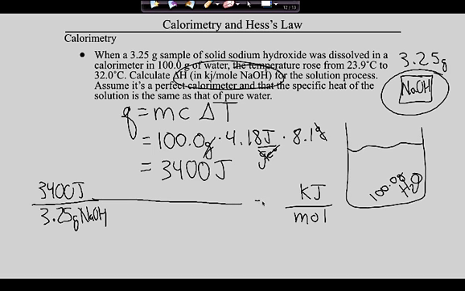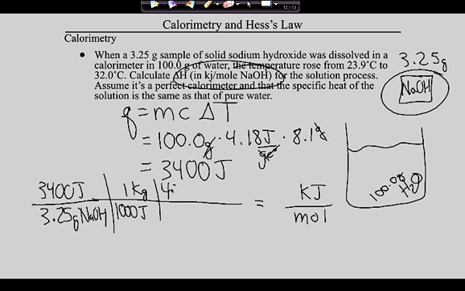We've got some calculations to do. So we've got to convert joules to kilojoules and grams to moles. But we can do that, right? So joules to kilojoules, 1,000 joules is 1 kilojoule. And then grams per mole, it's 23, 16, and 1 approximately.